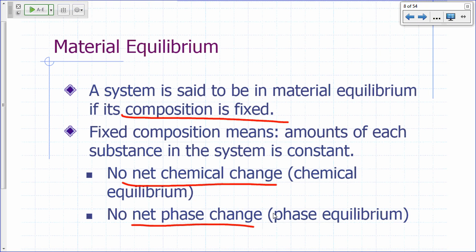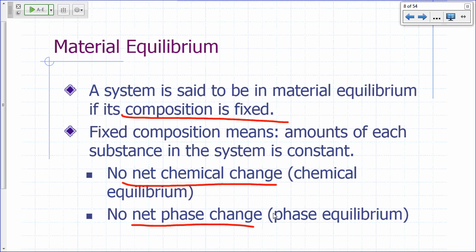Of course, we know at the atomic level, processes actually continue to happen because atoms and molecules are constantly moving. So even if we see a reaction appearing to have stopped, at the atomic level it hasn't really stopped. It's just that reactions are reversible. So if you have reactants colliding to make products, products will collide back to make reactants. And chemical equilibrium, we say, is established when the rate of the forward reaction is equal to the rate of the reverse reaction.